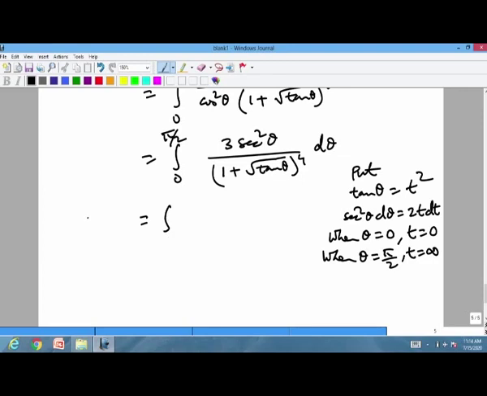so this was 2 I is equal to integral 0 to infinity of 3 times 2 t dt divided by (1 plus t) raised to power 4.